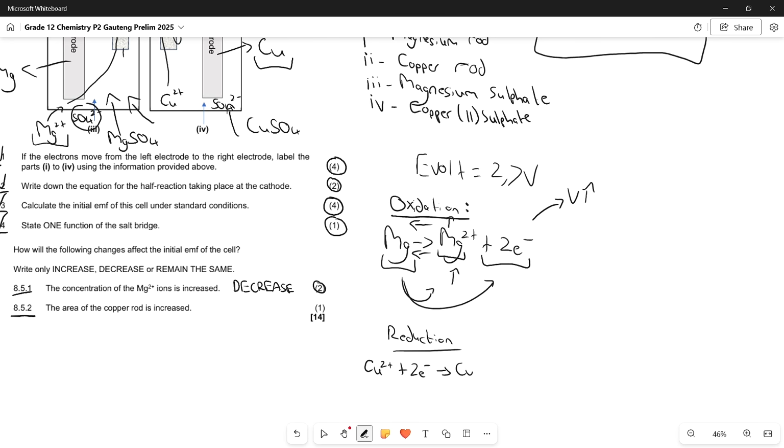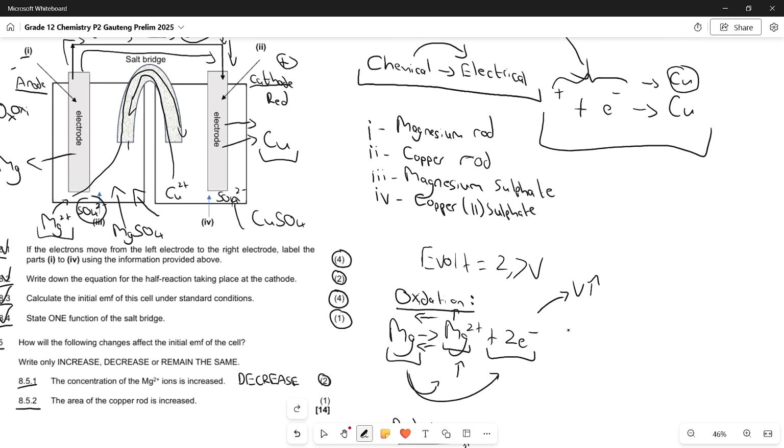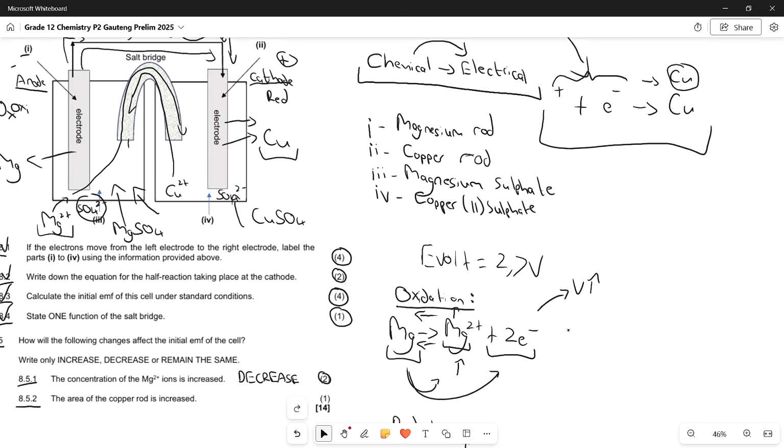This would go to Cu, and if we have increased the area of the copper, we might think that we might have more of this, and therefore, if there's more of this, it will favor the reverse reaction, and it'll be less likely for reduction to take place in order to complete the circuit. But this doesn't work. That can only work if we're increasing or affecting the ions in some way. If we are just increasing the area of the copper rod, it just means that there'll be more area for the same amount of stuff to react.